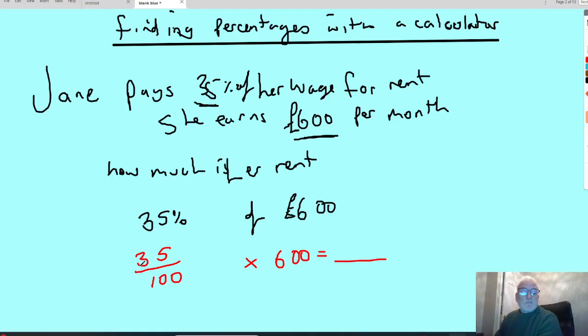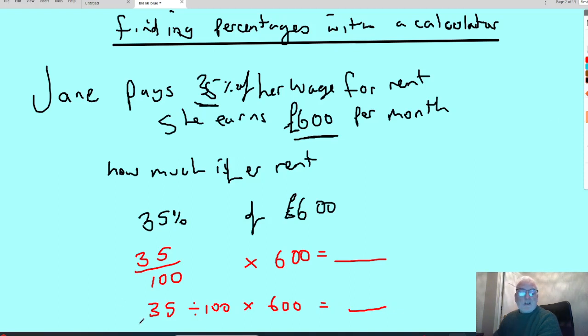I could rewrite this in a slightly different way as 35 divided by 100 times by 600 equals my answer.